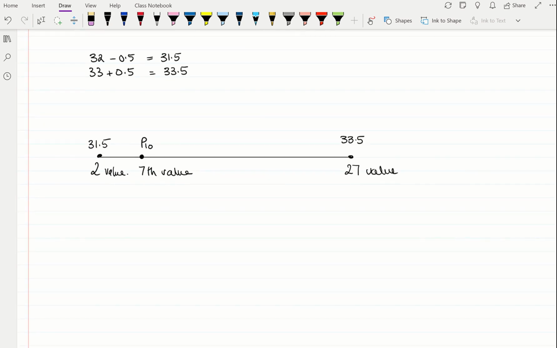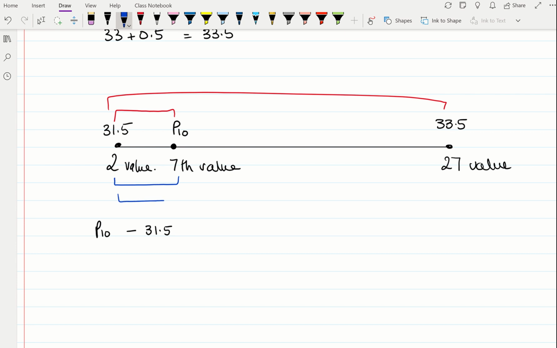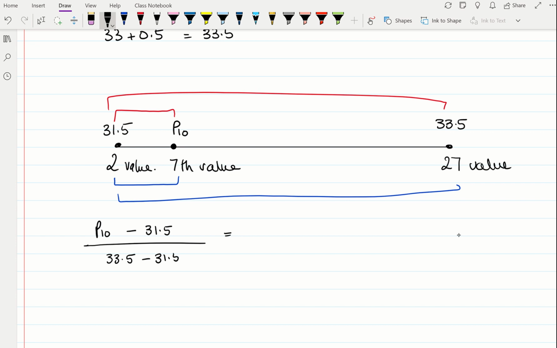I'm going to use my proportion. P10 minus 31.5, that smaller distance, divided by the bigger distance, 33.5 minus 31.5, equals the smaller distance, 7 minus 2, over 27 minus 2.